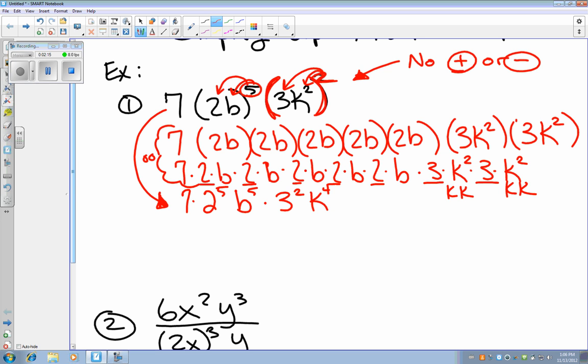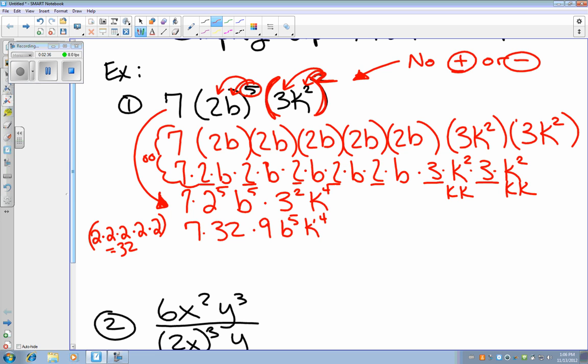Now I can just simplify it by taking 7 times 2 to the 5th. You might have to work out, 2 times 2 is 4, times 2 is 8, times 2 is 16, times 2 is 32. 3 squared is 9. B to the 5th, k to the 4th, nothing I can do there.